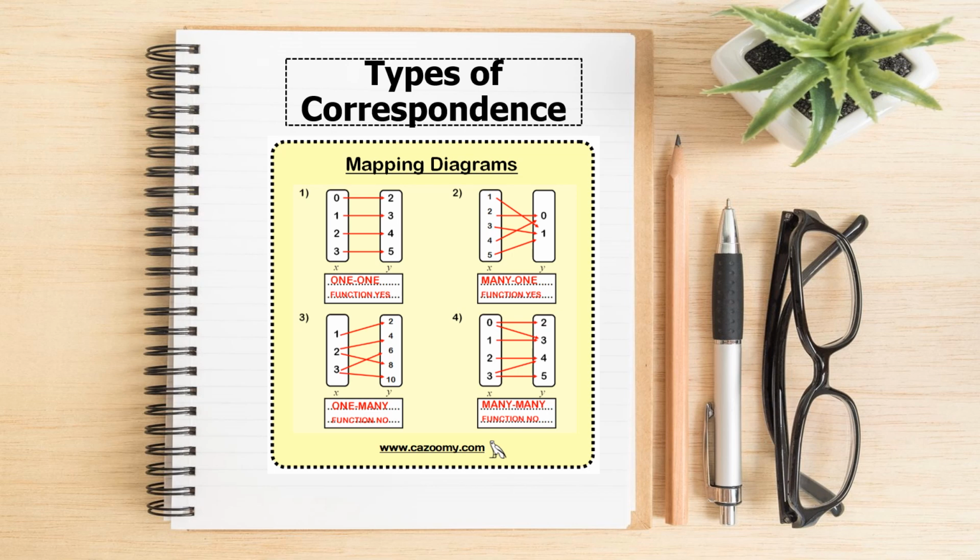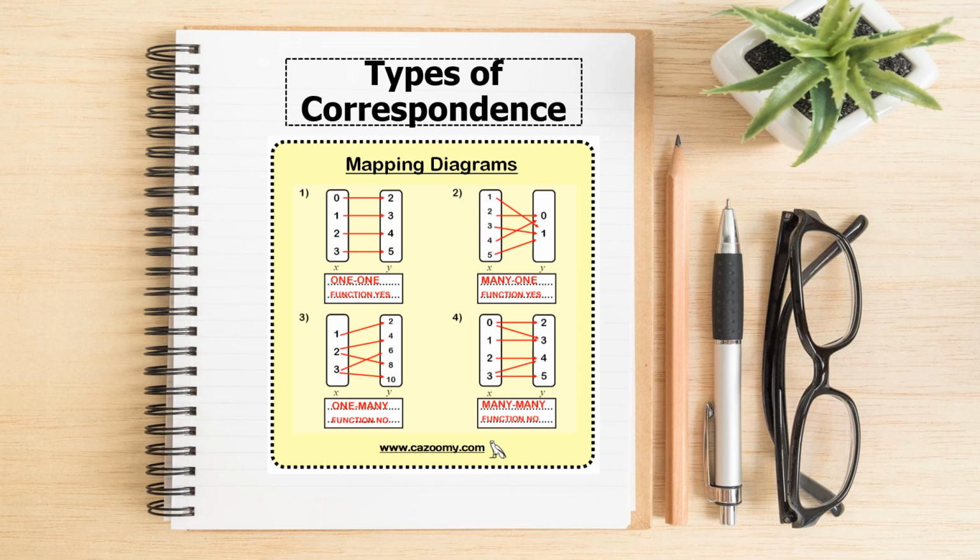The third type is one-to-many correspondence. Here, one element of set X is related to two or more elements of set Y. Lastly, many-to-many correspondence, wherein two or more elements of set X are related to two or more elements in set Y. As you can notice, functions can only give one result for each input.